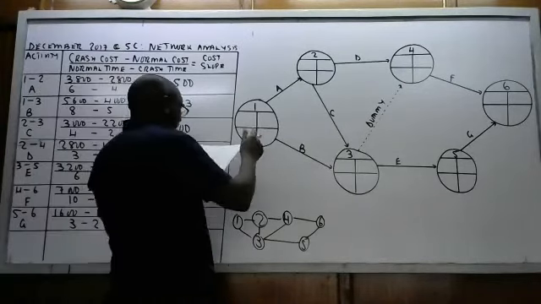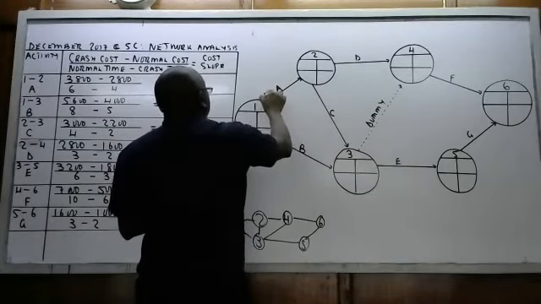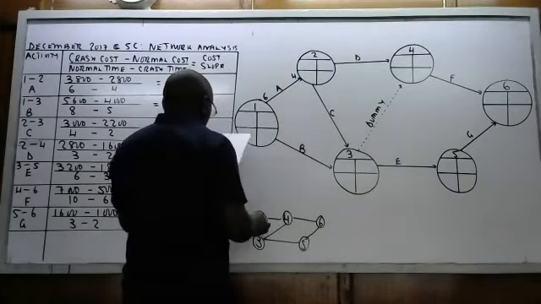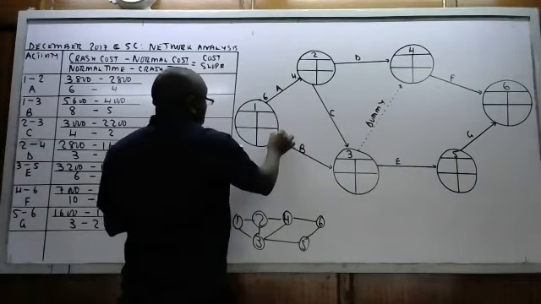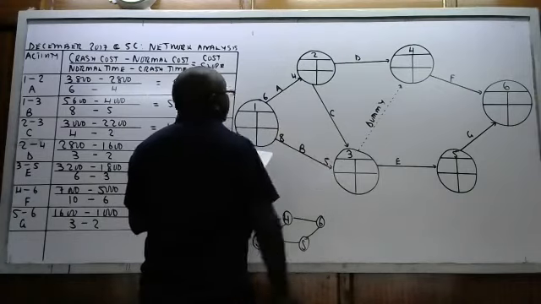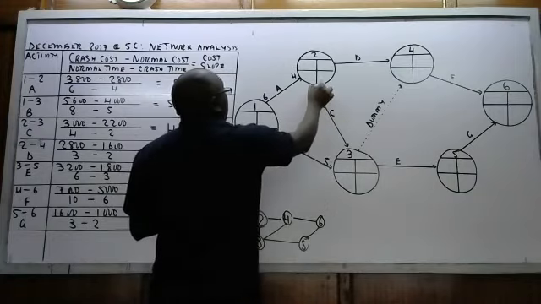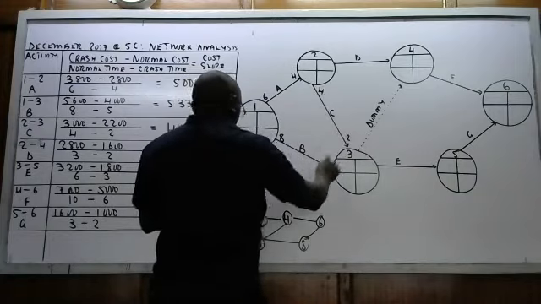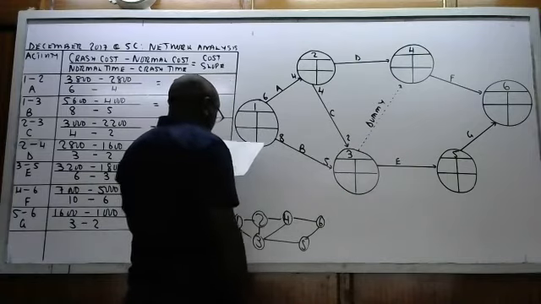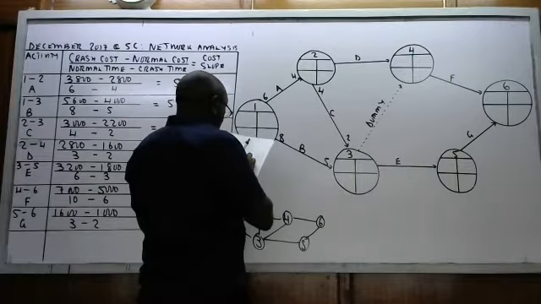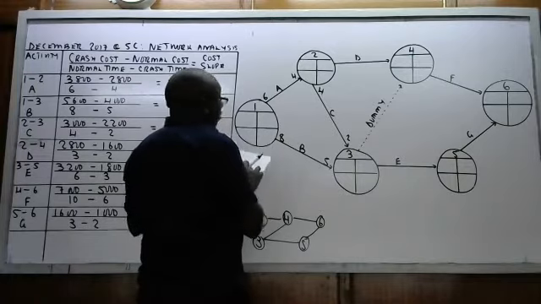So for the normal time, 1 to 2, 6, the crash is 4. 1 to 3, 8, 5. 2 to 3, 4, 2. 2 to 4, 3, 2.